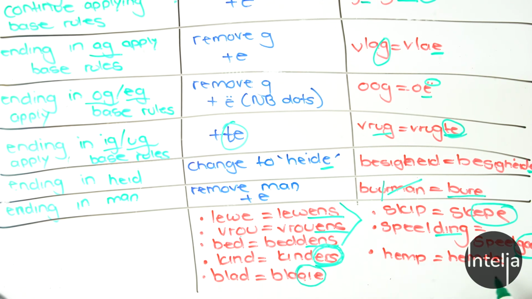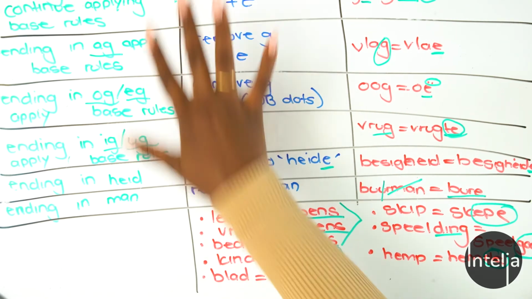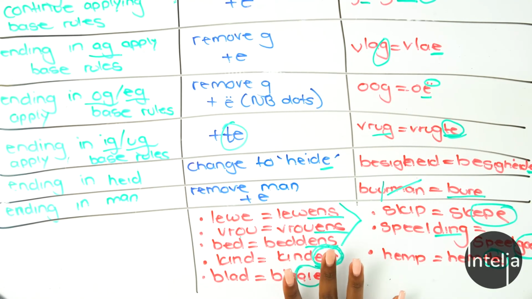Hemp, instead of just plain hemp, becomes hemde. So these are words that are exceptions. There are no rules to them. Nobody knows why, but it sounds right. They don't fit into any of these rules. They're the exceptions, and they have their own way of becoming meervoude. With these words, all you have to do is cram them.